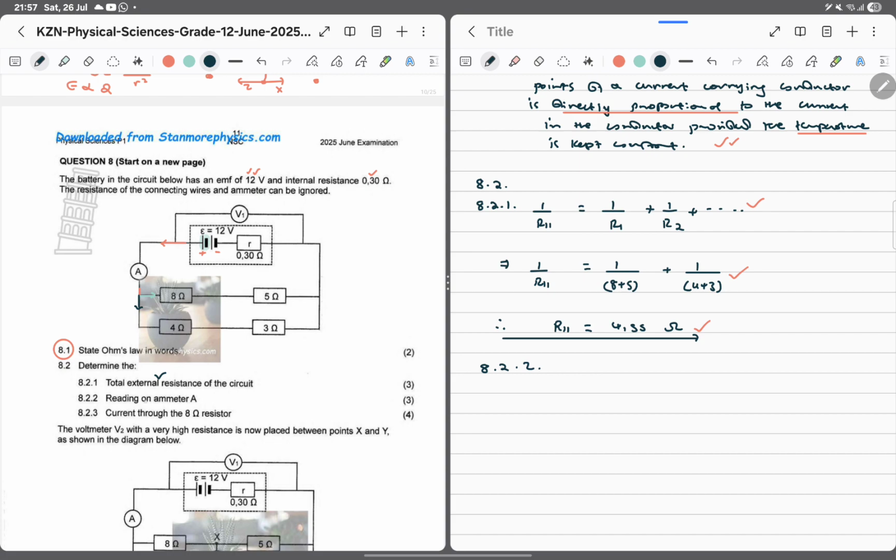8.2.2. The reading on the ammeter, which is the total current. Okay, this is easy. We know that the EMF is going to be equal to the total current, R parallel plus the internal resistance here. So this is 12 equals I into 4,55 plus 0,30.